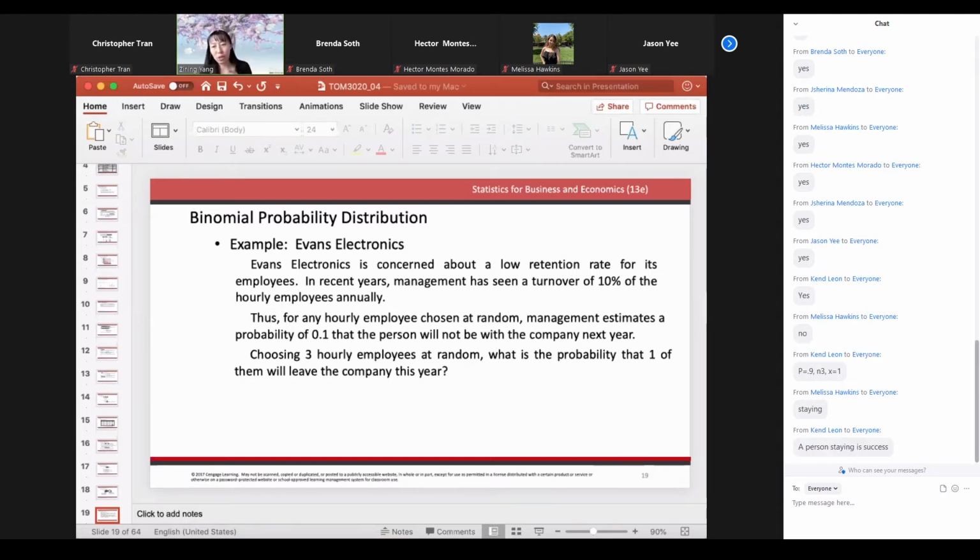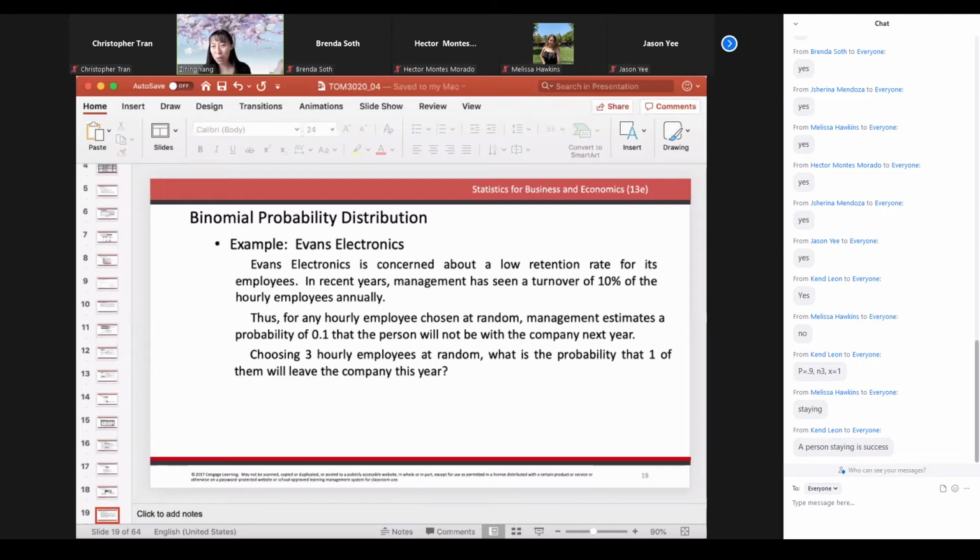Okay, yes. So if leaving the company you define as a failure, then yes, staying will be your success. And then here we got 1 person leaving and 2 staying. So we're saying we got 1 failure, but 2 successes.